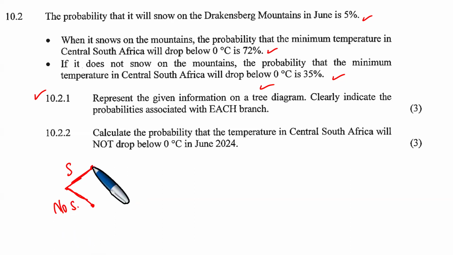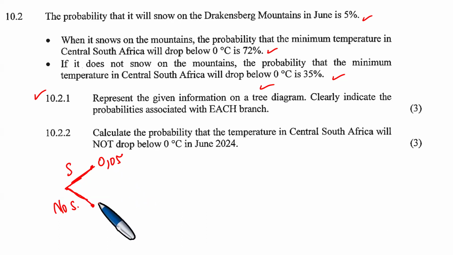Okay, so we know therefore that the probability that it will snow on the Drakensberg Mountains is 5%. Dividing that by 100 is 0.05. So what is the probability that it does not snow?